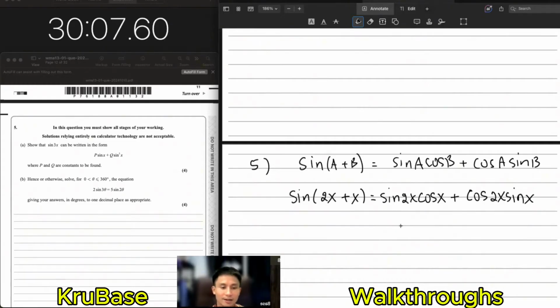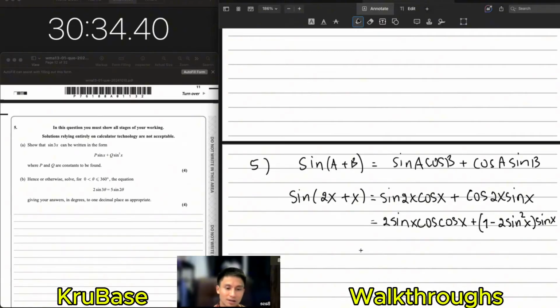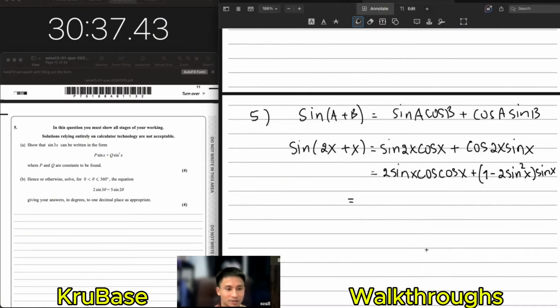Not that hard, guys. And then we have to change everything into sine. So here we have sine 2x, which can be 2 sine x cos x using the double angle formula, and then another cos x, plus cos 2x, which I'm going to change to another double angle formula, 1 minus 2 sine squared x, times sine x as well. I'm moving to the left a bit because I'm out of space.